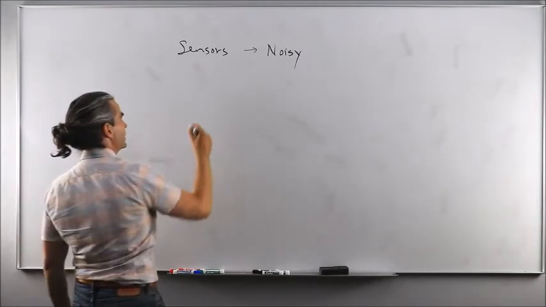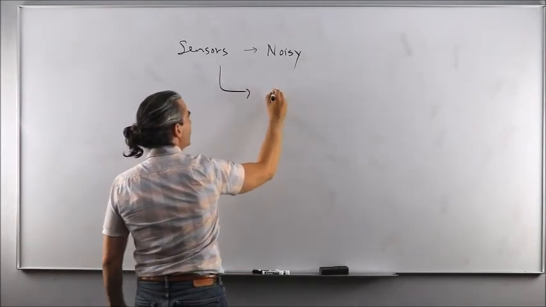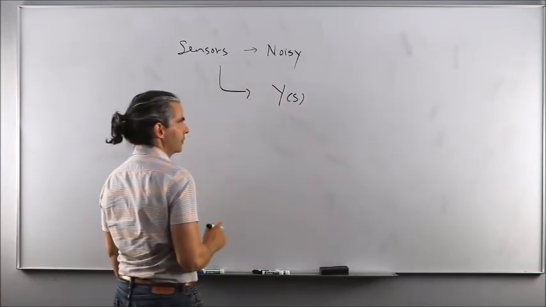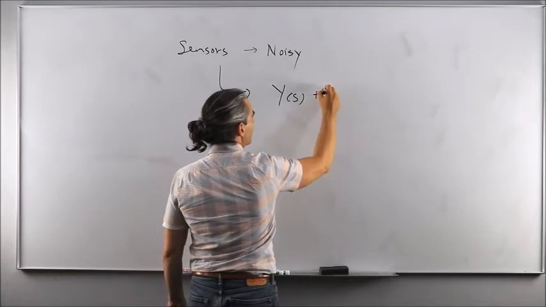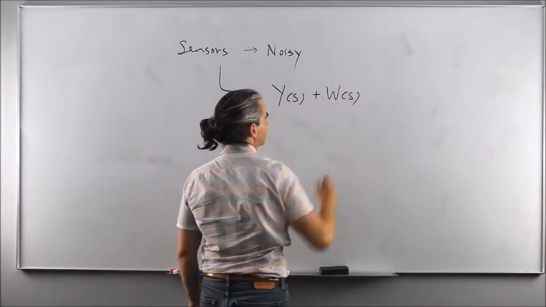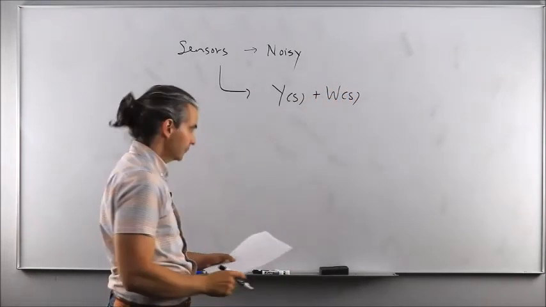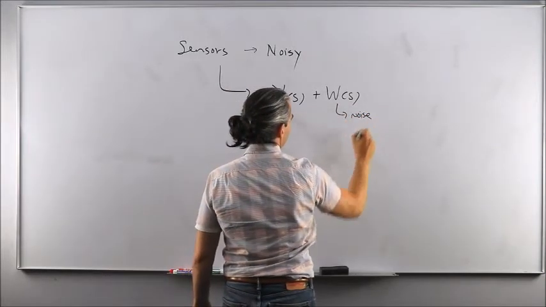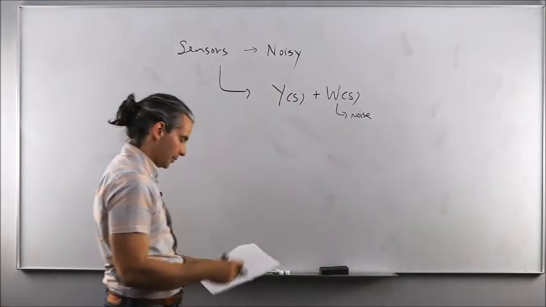Okay, in other words, the sensors are providing you with a signal equal to the actual real output of the plant, but corrupted by noise, like that. So this is noise added to the realistic output of the system.